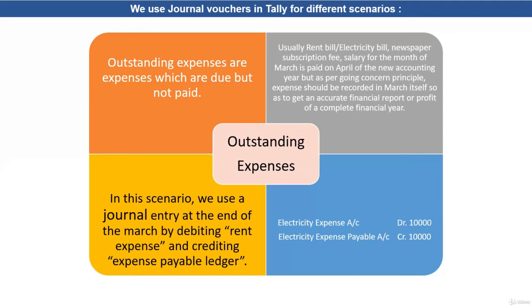So the entry is electricity expense account debit, to electricity expense payable account. Electricity expense will go under direct or indirect expenses as per the scenario, and electricity expense payable will go under current liabilities. Are you clear?